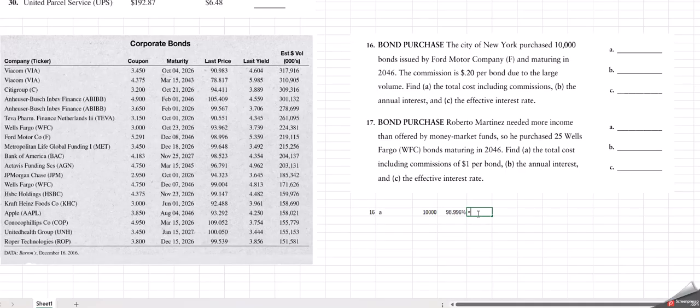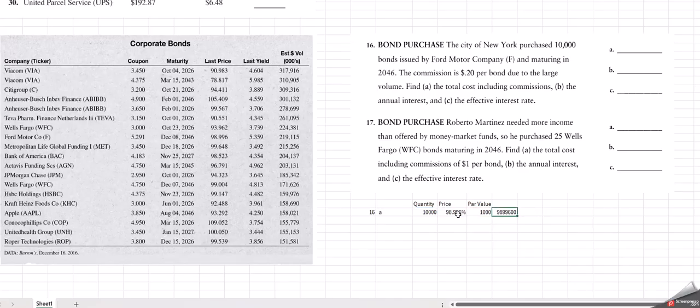So then we're going to say, okay, we're buying 10,000. And then what you also want to remember is they're $1,000 bonds. So that's our par value. This is our quantity. And then that is our price. But again, it's a percentage. But now we can multiply those. So our quantity times our par value times the percentage.